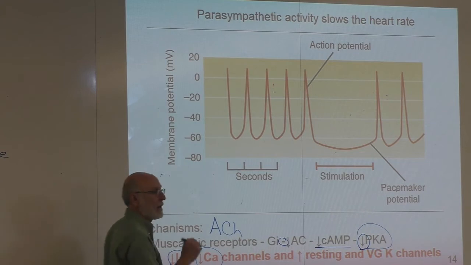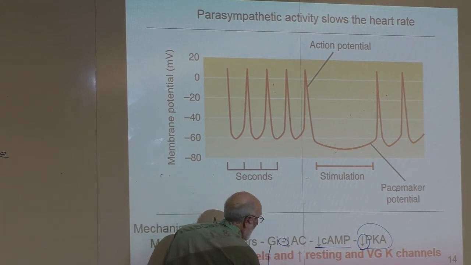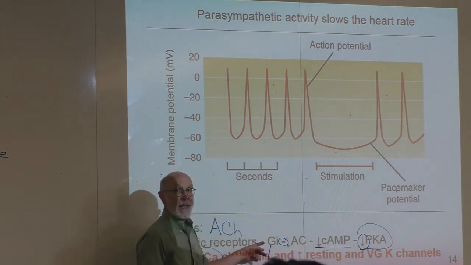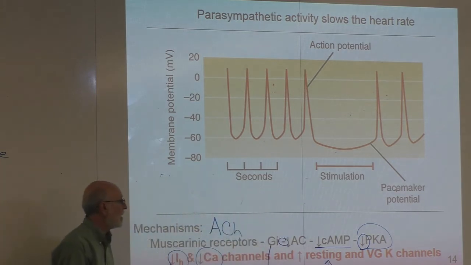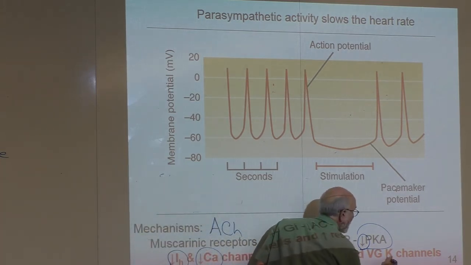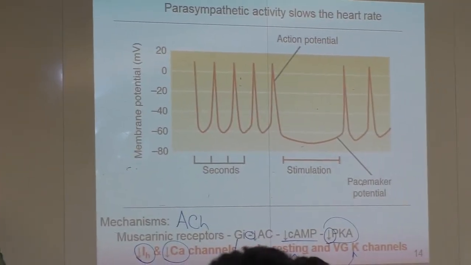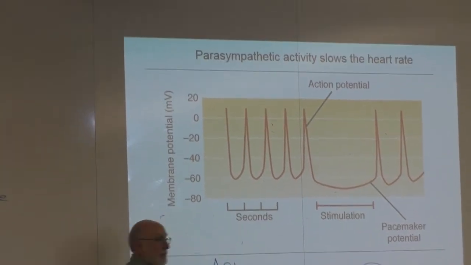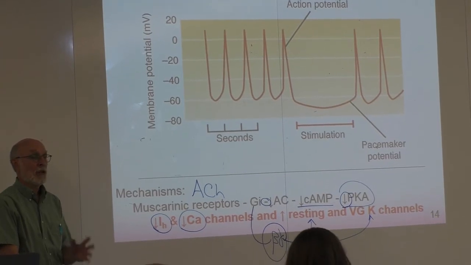And here's an interesting twist. The beta gamma subunits of Gi stimulate a resting and voltage-gated potassium channel. The beta gamma subunits do this. So that's a weird twist.